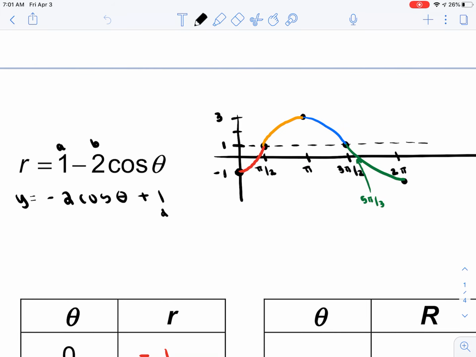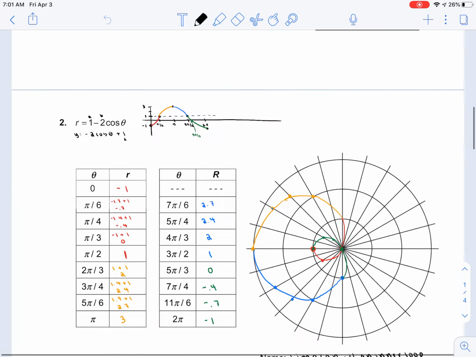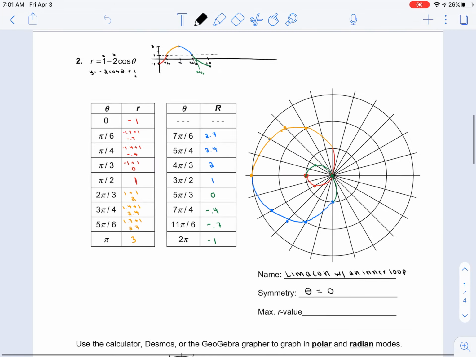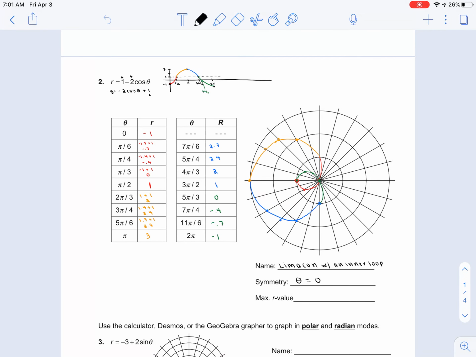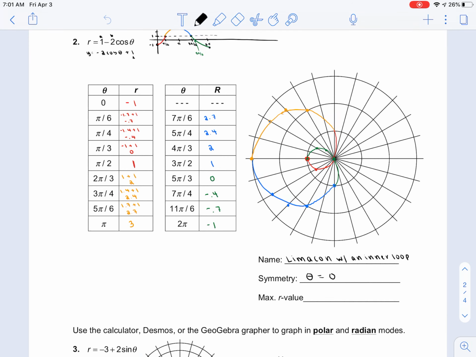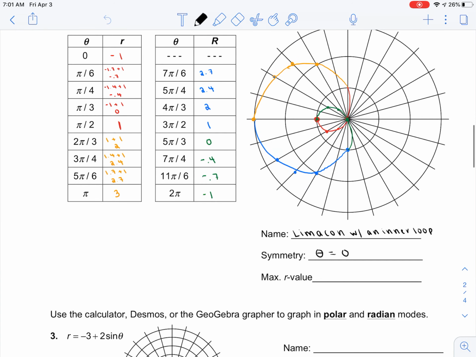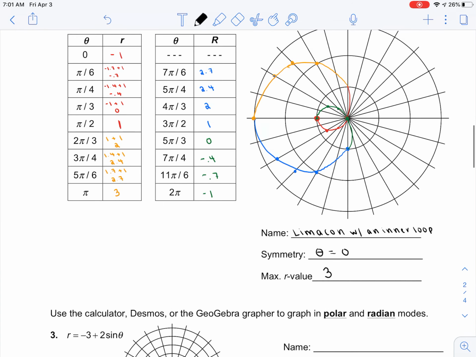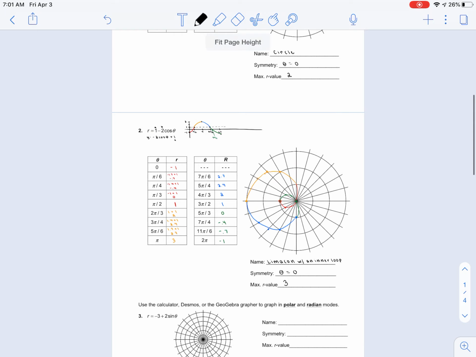So if you take your midline and add that value or subtract that value, that's going to tell you how far out the maximum value would go. So that's where we're getting this maximum r value of 2 units away from the midline, which is going to take us to, at most, this value of 3 in our r value.